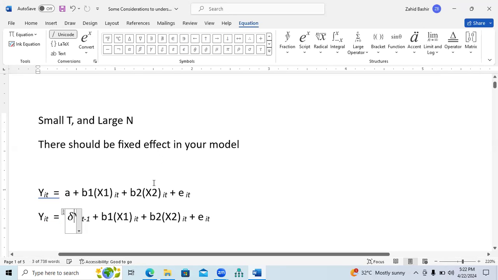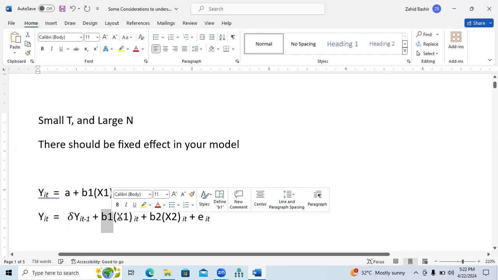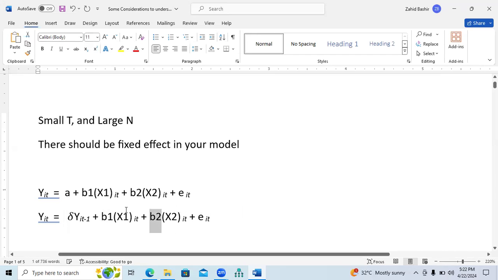For example, this one. Now, just like beta 1, beta 2, which are measuring the impact of x1 and x2, this sign is measuring the impact of Y IT minus 1. So Y IT minus 1 means the previous value of your dependent variable.